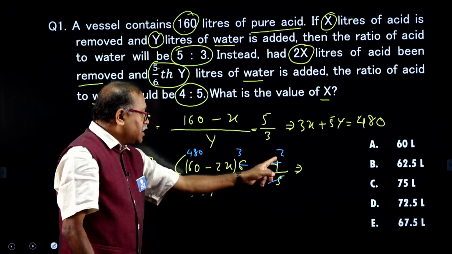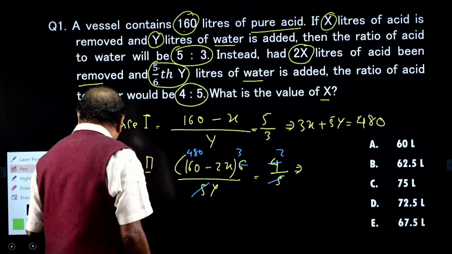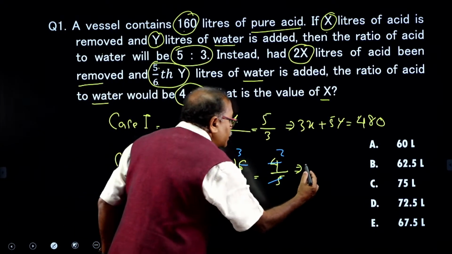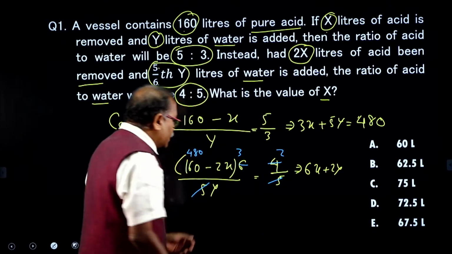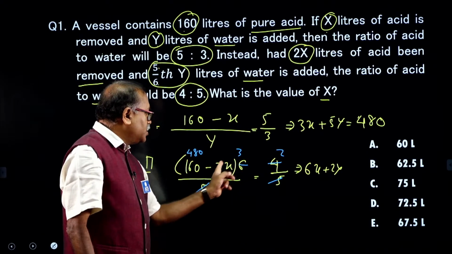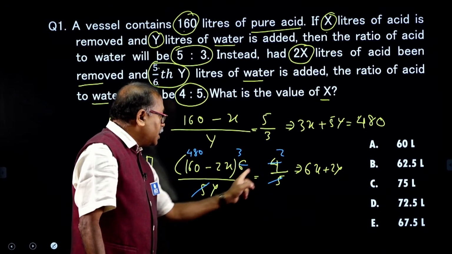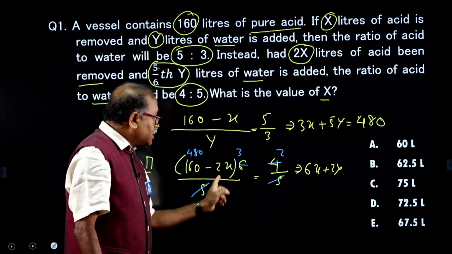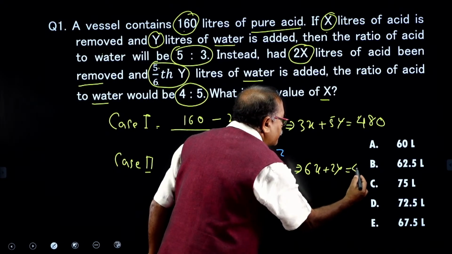So, that is 2x plus 3x, 6x plus 2y. Let us write down this one here, that 6x plus 2y. Am I right here? That is 3 into 2, 6x will go to the other side, will become positive, and here it is 2y. So, that is 6x plus 2y is equal to 480.